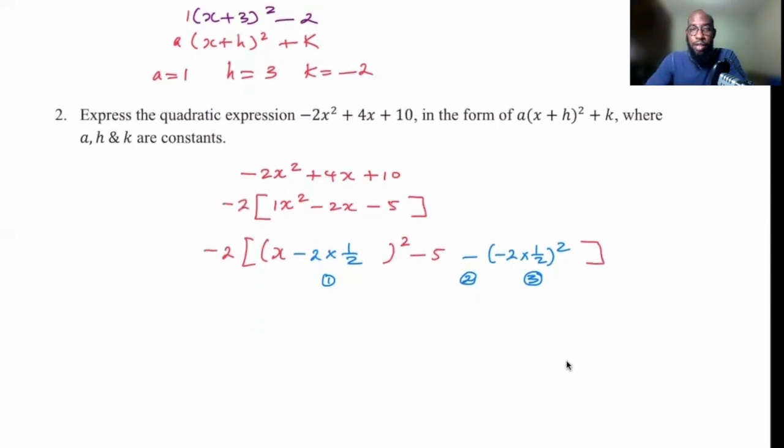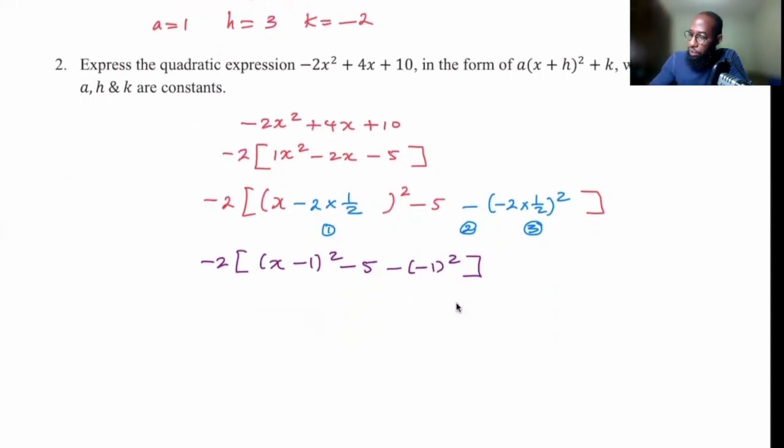We're just simplifying computation. So we have -2 times 1/2 is -1. Put back everything else. And we have -1 in a bracket here, squared.